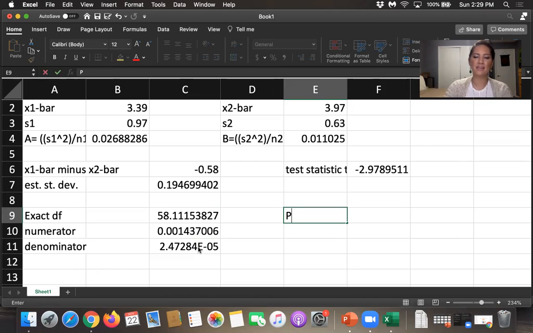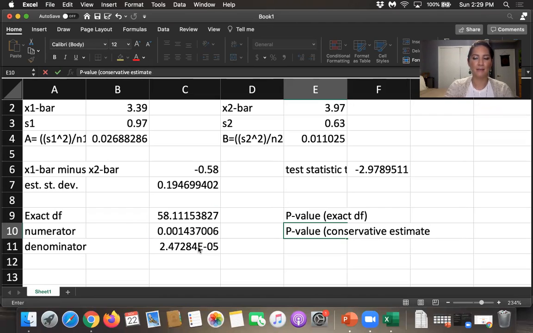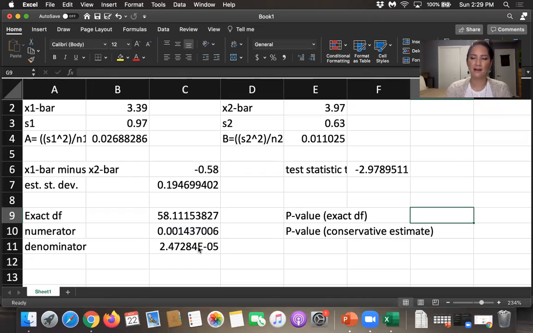Okay, so now if I want the p-value, there are two ways I can do that. I can do that with the exact number of degrees of freedom, and I can do that with the conservative estimate of the number of degrees of freedom, which is going to make it less likely that we'll reject the null hypothesis.